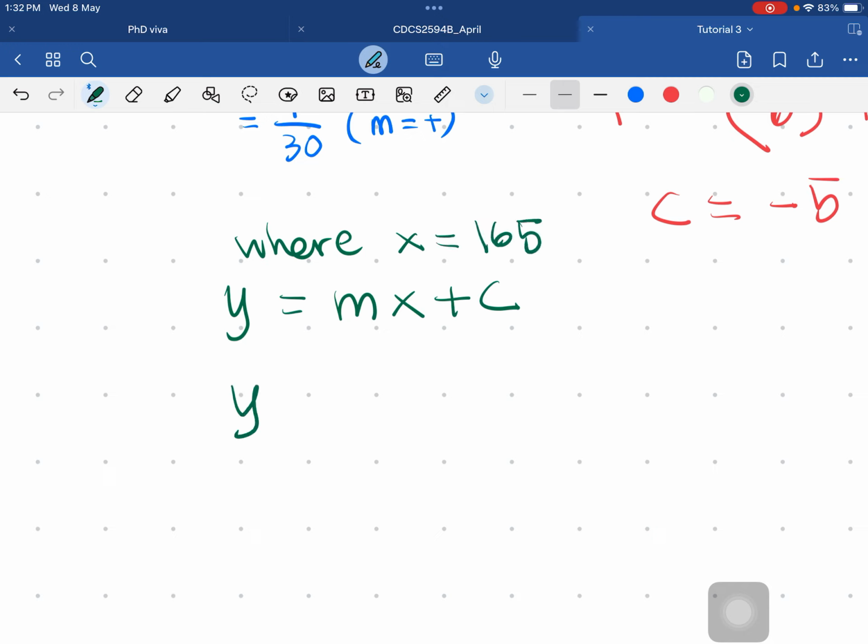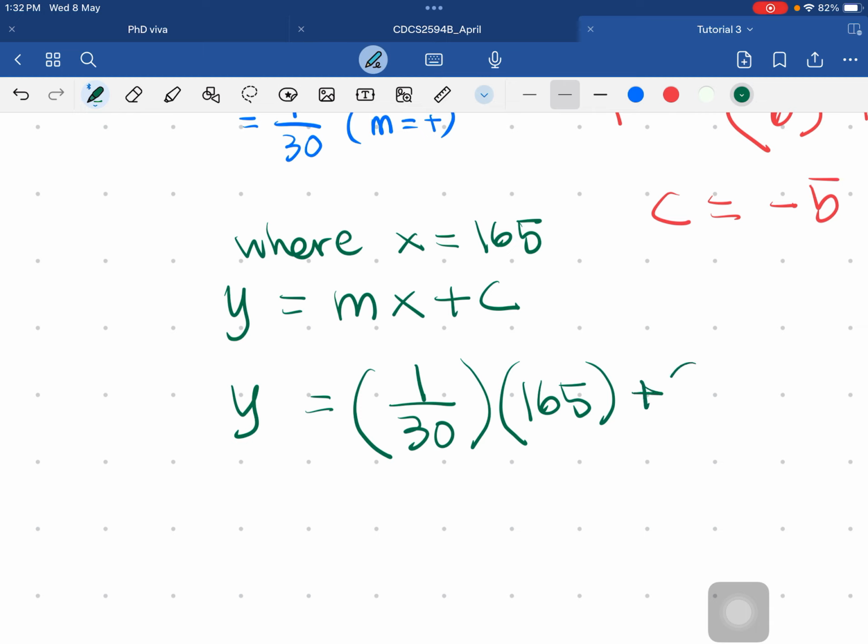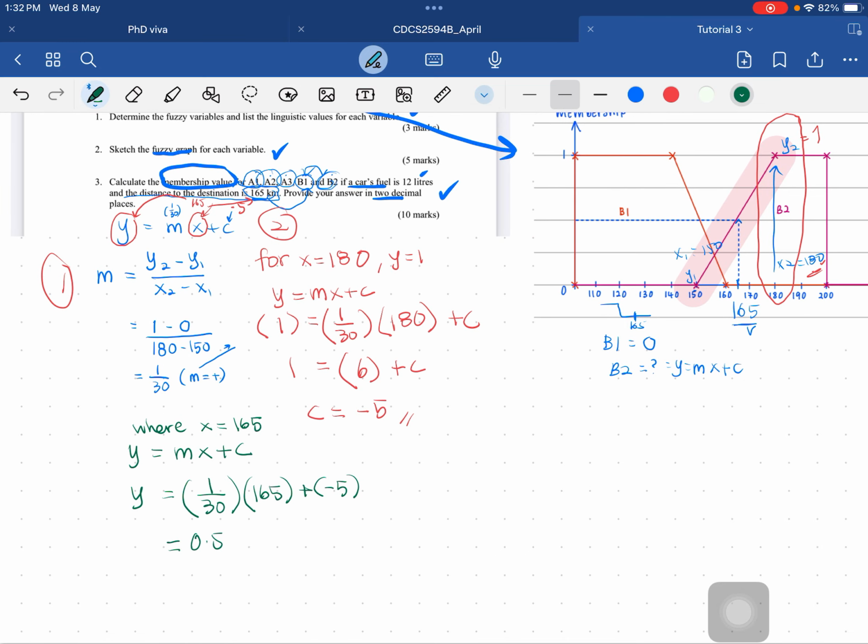Okay, so y would be 1 over 30 times 165 plus negative 5. So you are going to have here 0.5. So this would be the answer: if x is equal to 165, your y would be 0.5.